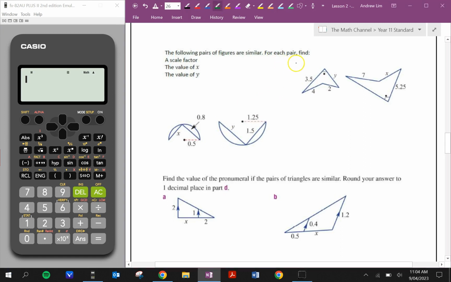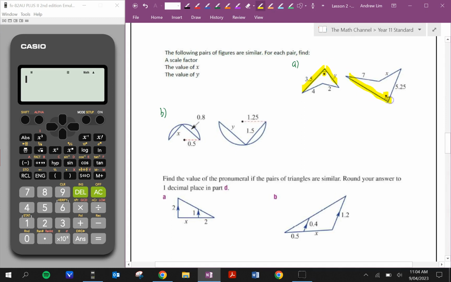Alright, so I'm going to call this one part A and this one part B. Okay, so part A, the scale factor. We can see here that this angle is equal to this one, which is in between a long side and a shorter one.